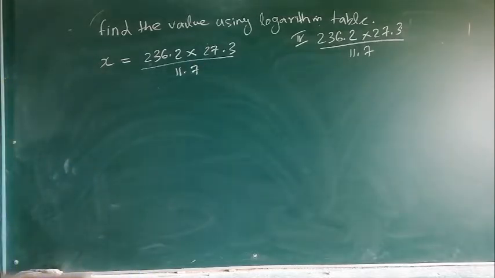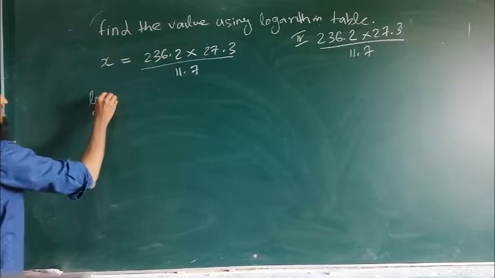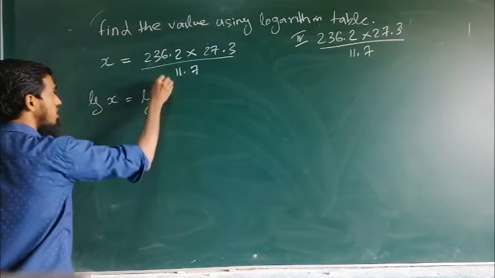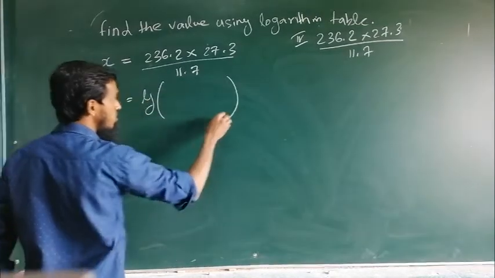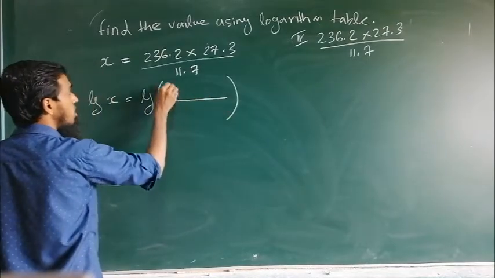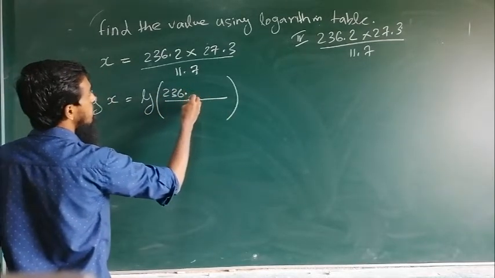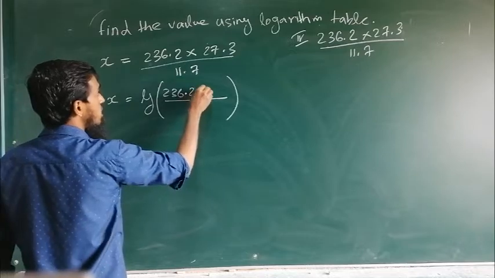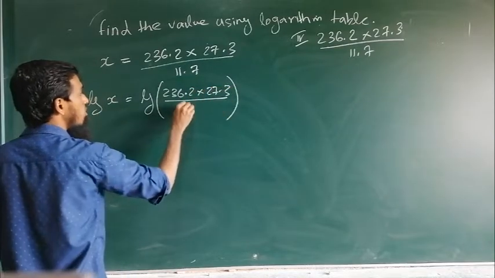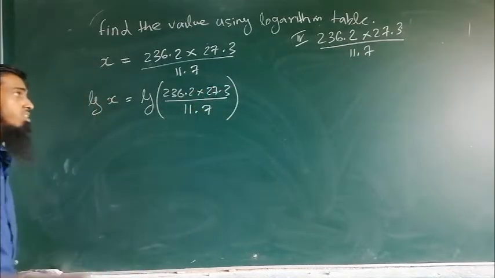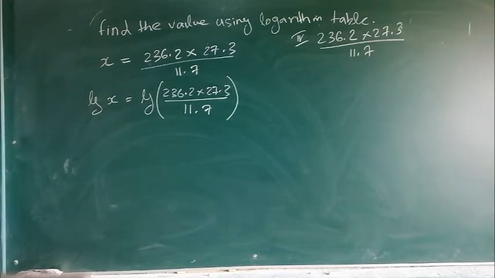The next step, we need to add logarithm to both sides of the equation. So LG x equals LG. Remember, write what you are given inside the bracket. So 236.2 times 27.3 over 11.7.